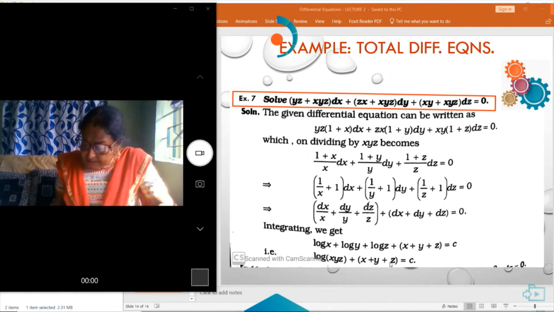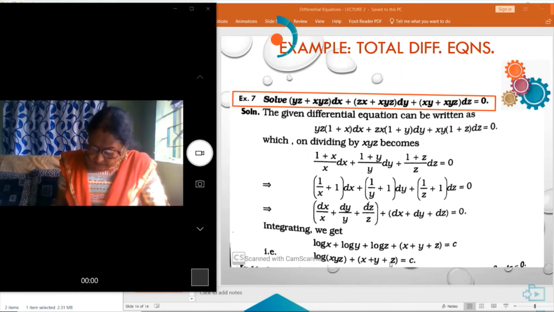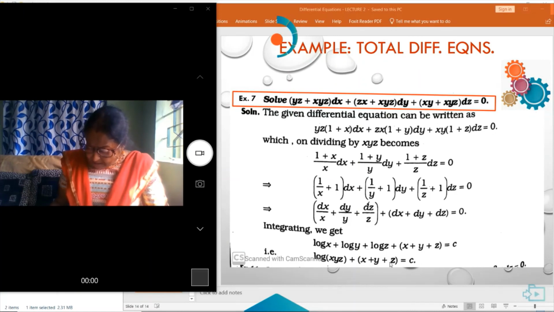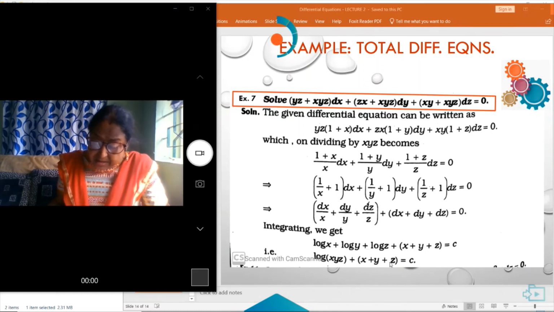So this way we can solve this type of total differential equation, but mind it, it is in the form P dx plus Q dy plus R dz is equal to 0, where P, Q, R are found from the equation, and then it should satisfy the integrability condition.